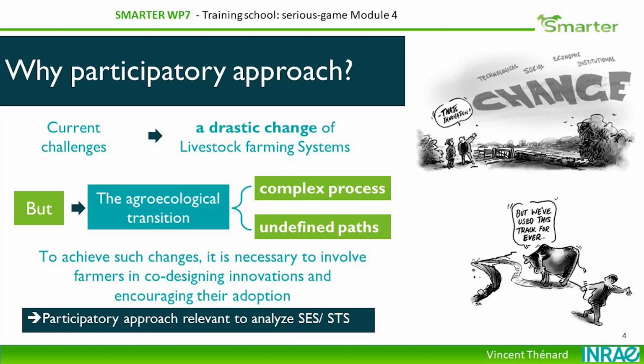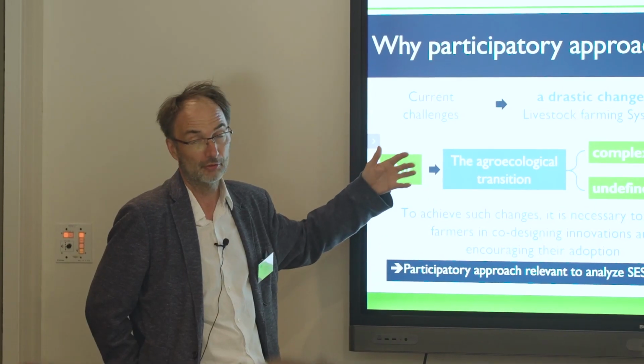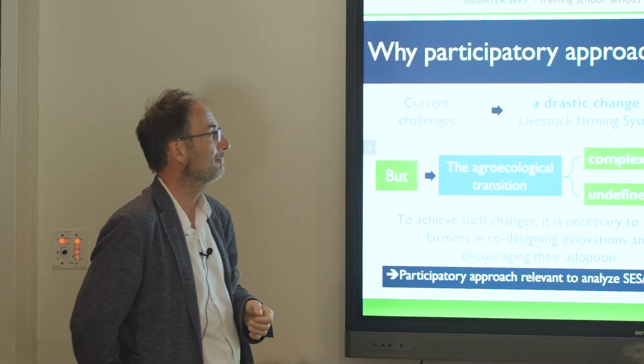So it's based on a participatory approach because with current challenges and drastic change, for example, in livestock farming systems, it's necessary to change. That means, for example, the agroecological transition, and the SMARTER project is included in the agroecological transition in the genetic aspect.